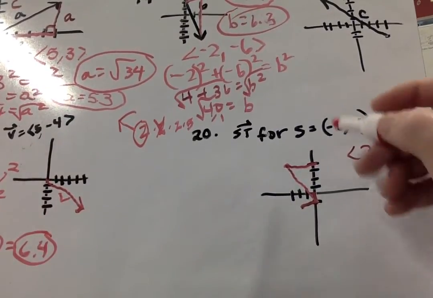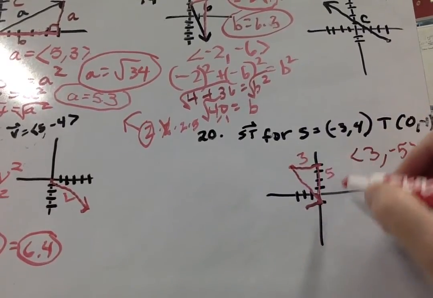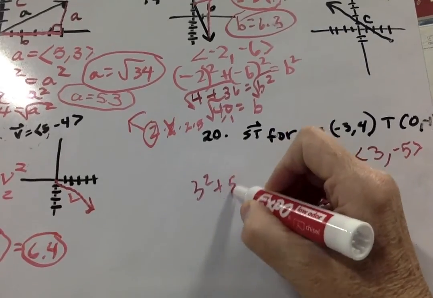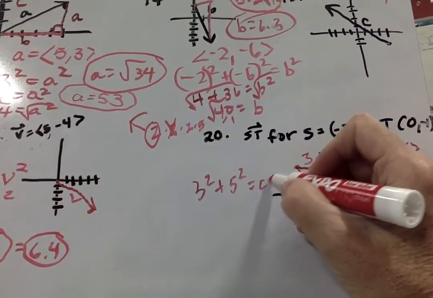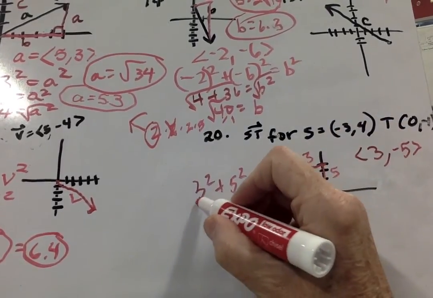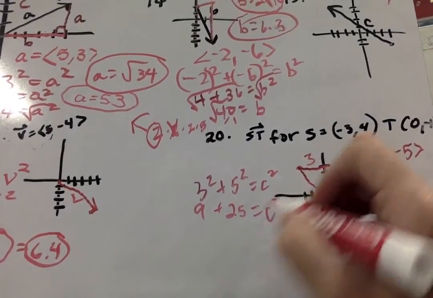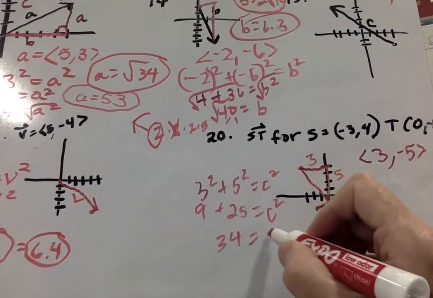So then I use my Pythagorean theorem. 3 squared plus 5 squared equals, I'm going to just put c squared for now. 9 plus 25. Oh, is it the same as the other one? 34.